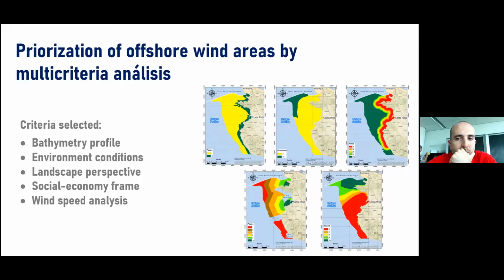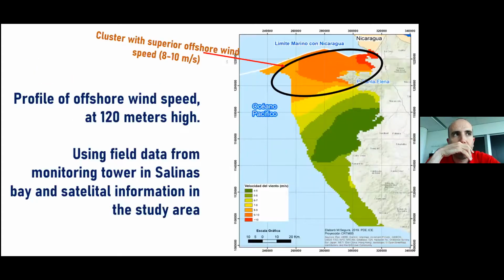On the right side of my screen, you can see the different maps and the integration to know at the end what the final potential energy areas are that can be used in the future for the installed capacity of offshore wind in the North Pacific.